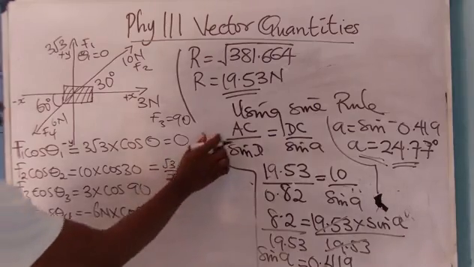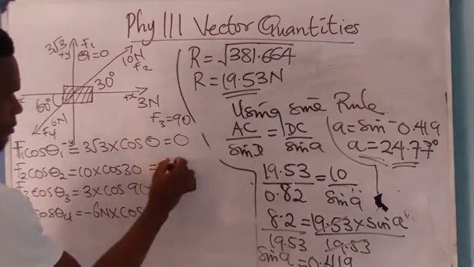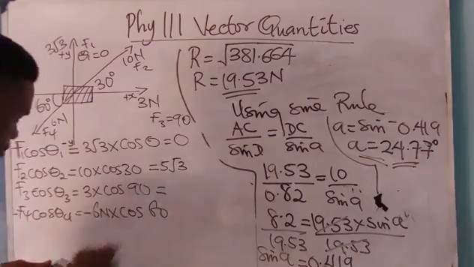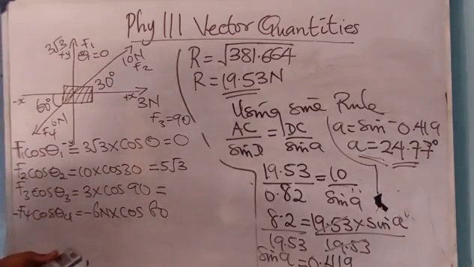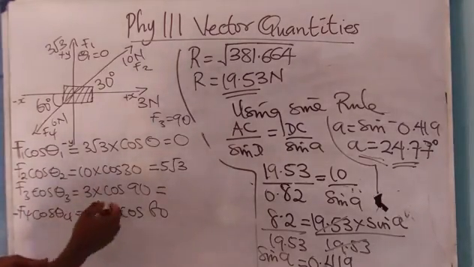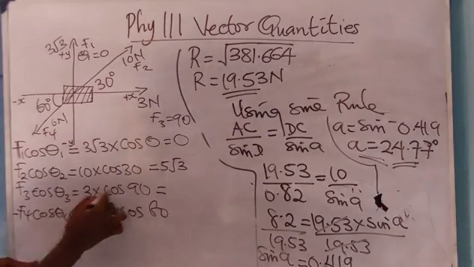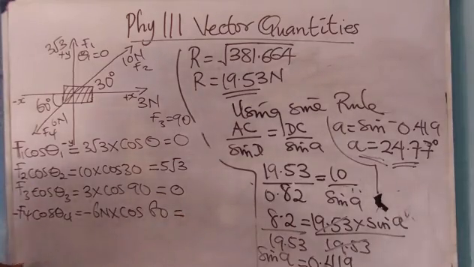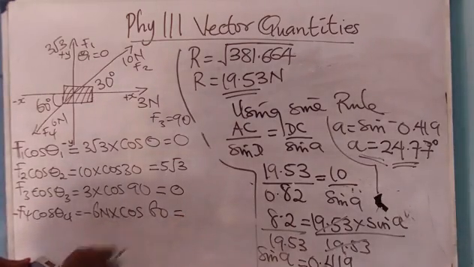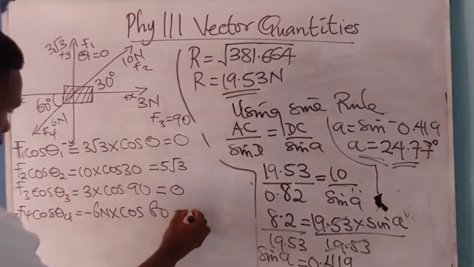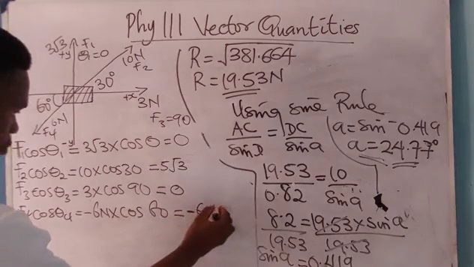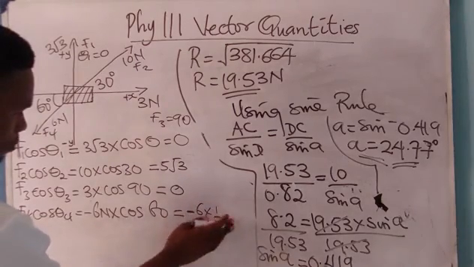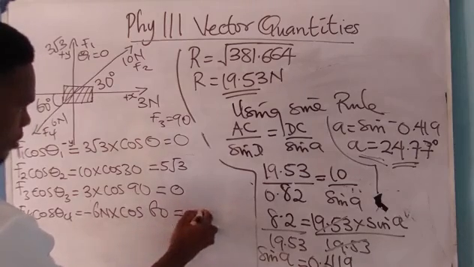So that is now 5 root 3. Cos 90 equals 0, so 0 times 3 is 0. Then cos 60 equals 1 over 2. So minus 6 times 1 over 2 gives minus 3.